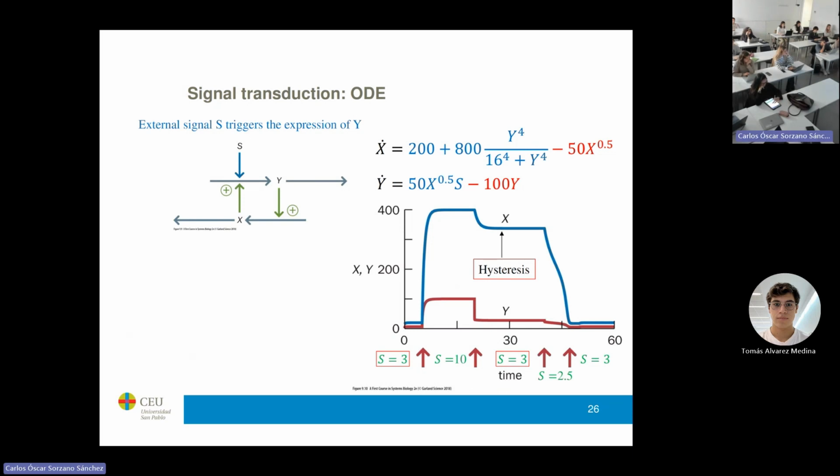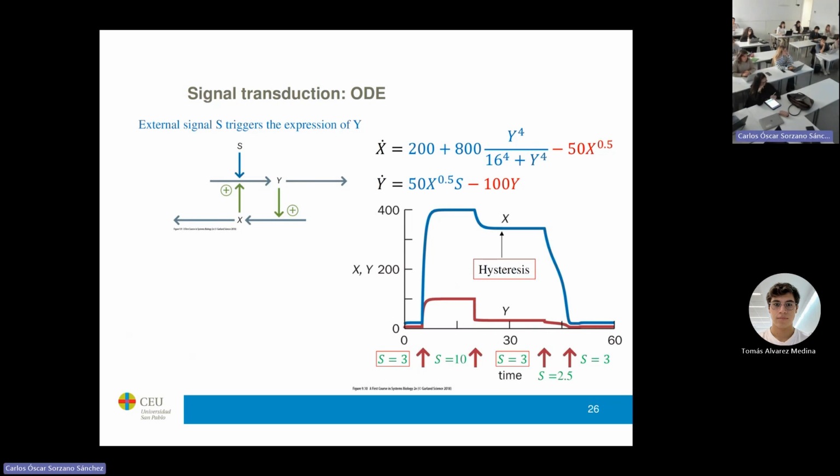If you simulate these 2 equations, both X and Y will rise, and they will reach their new stability level. So Y will go to here, X will go to here, and then they stabilize. And S now disappears again, so it goes down again from 10 to 3.